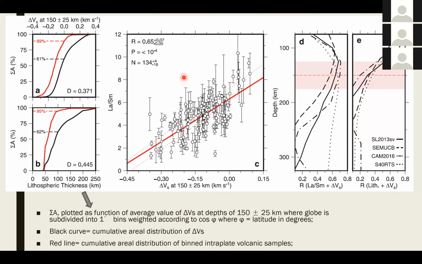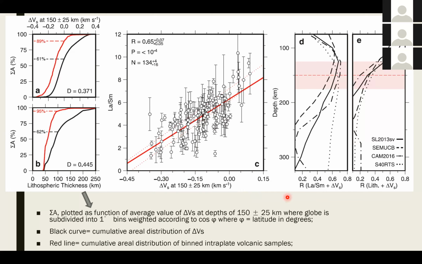And they use this La/Sm ratio, because this ratio of La and Sm concentrations in magmatic igneous rocks is often used to track mantle melting. So the relationship between the La/Sm ratio and the delta velocity at 150 kilometers is a useful way to explore the role that sub-plate thermal anomalies play in generating intraplate volcanism.